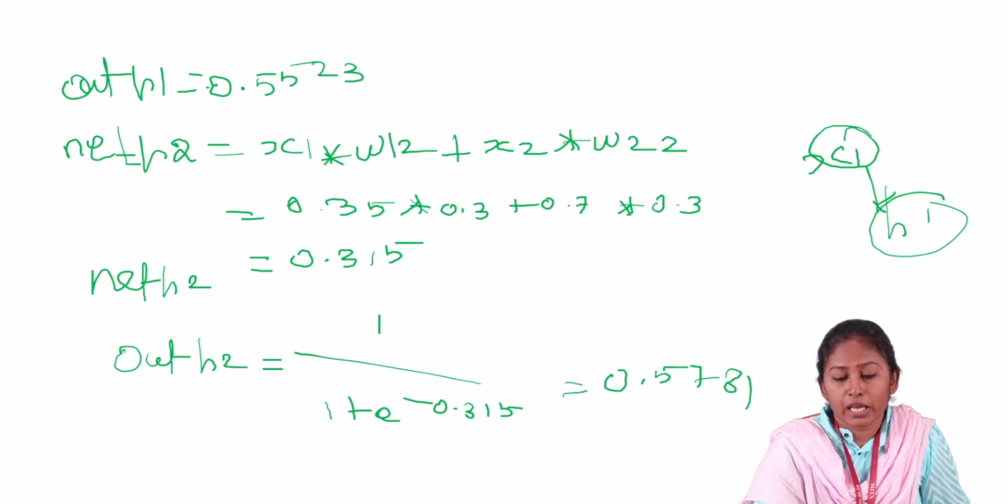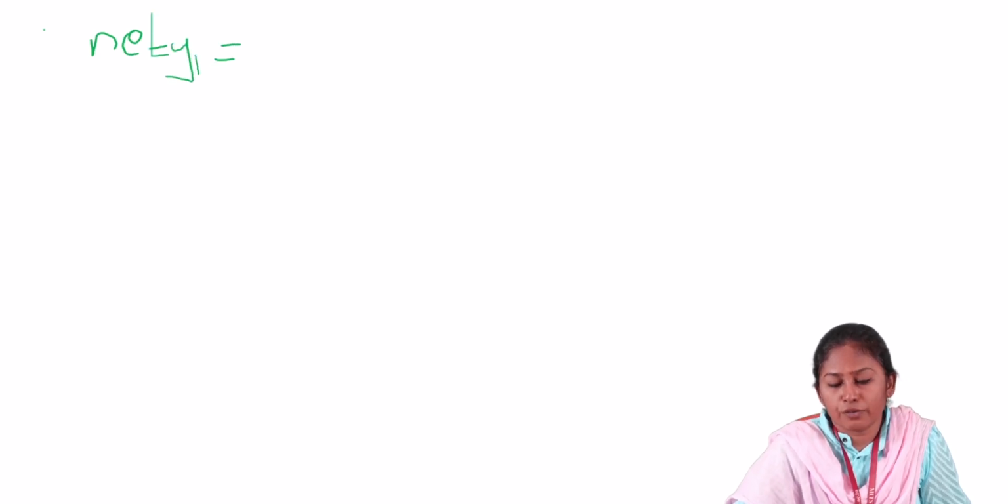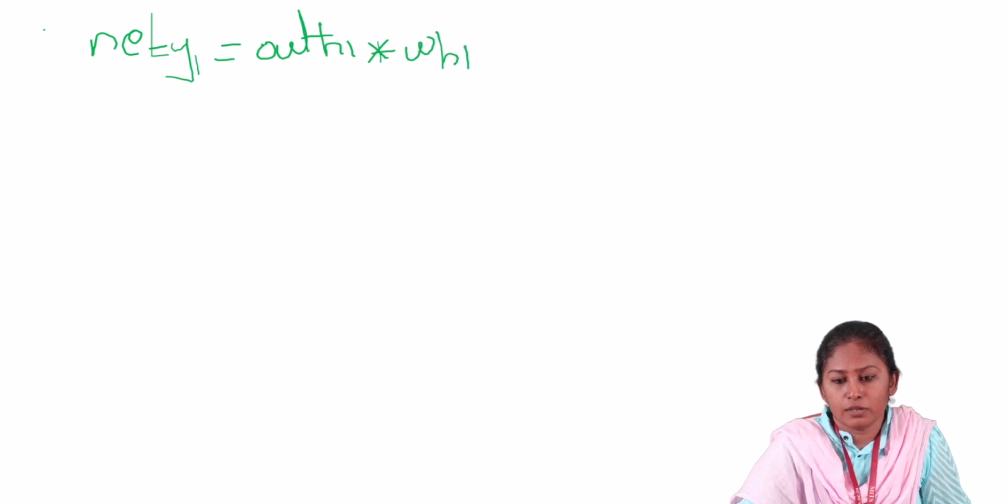Okay, now from the hidden to the output we have to calculate. I am going to mention that output layer as net Y1, because generally we represent the output as Y1, so I am using this. Any other variable names can be applied here. So here, what is the last value I calculated after applying the activation function? out H1 star WH1 plus out H2 star WH2.